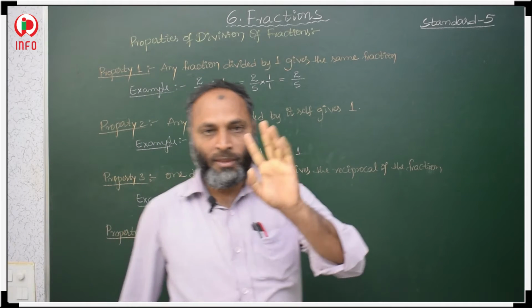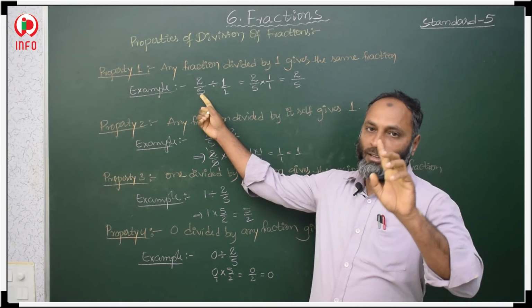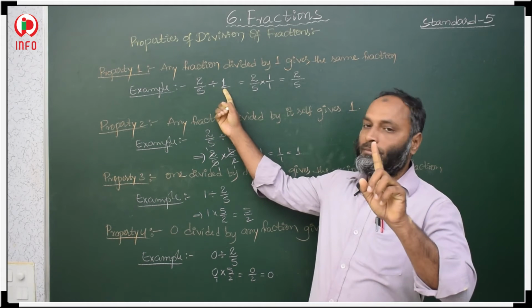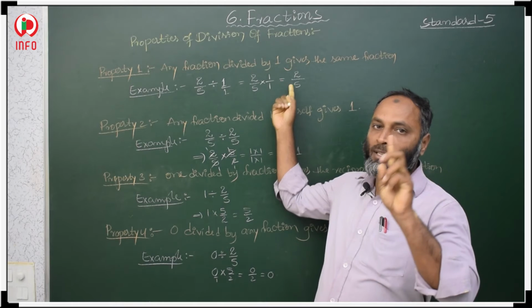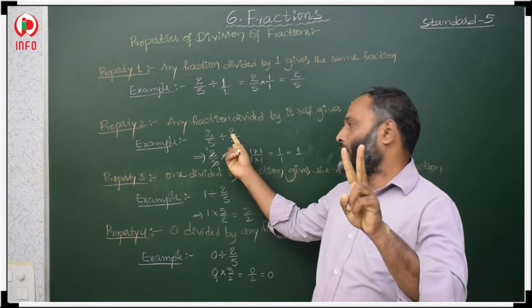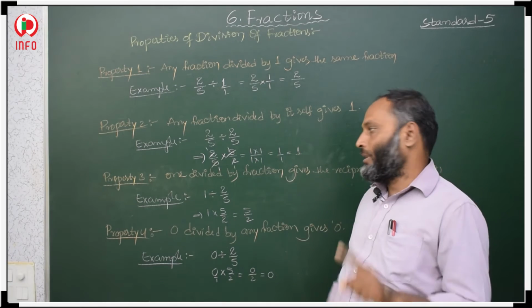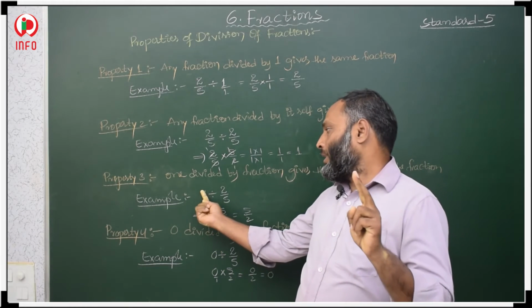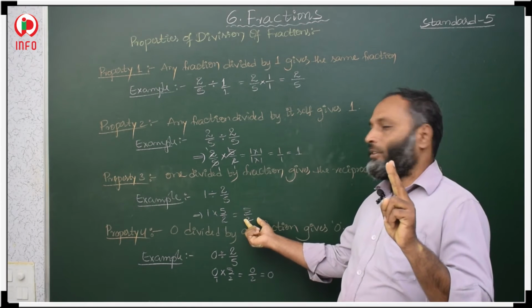Listen again. First property: if any fraction is divided by 1, the answer is the fraction itself. The second property: if any fraction is divided by itself, the answer is 1. Third property: if 1 is divided by any fraction, you will get the reciprocal of that fraction.